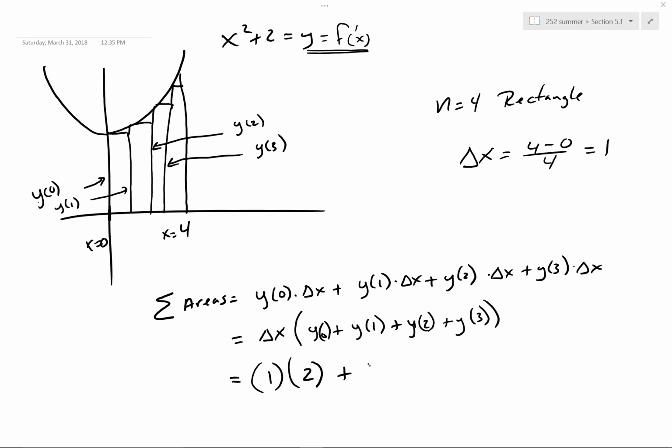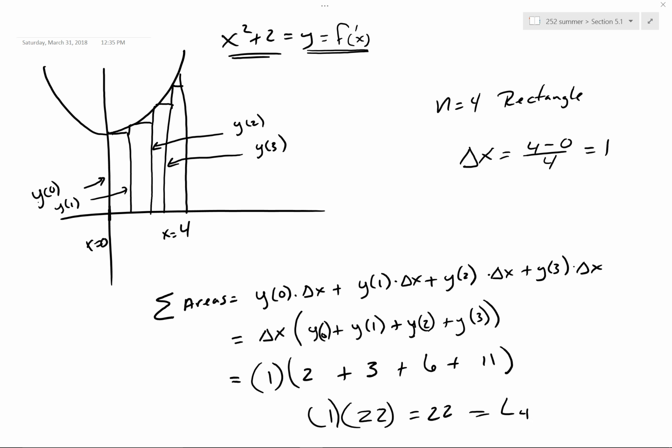If you put 1 into there, you get 3. Put 2 into there, you're going to get 6, I think. And you put 3 in there, you're going to get 11. Is that true? Again, we'll plug them into this function right here. So that's 5, that's 11, plus 11 is 22, times 1 is 22. And we say this is L sub 4 for this guy.